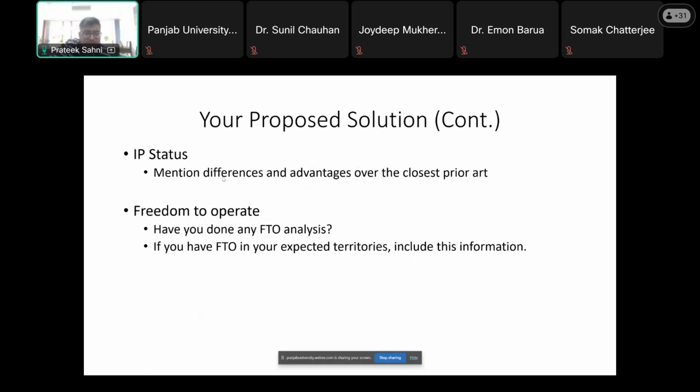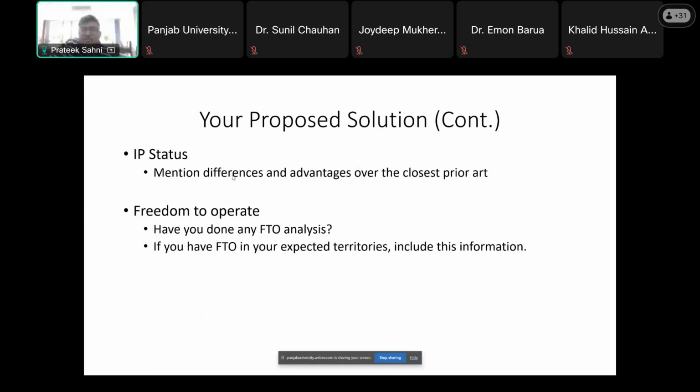Another thing to consider is freedom to operate. I hope most of you know what freedom to operate means when it comes to intellectual property. If not, then I'll give you a small primer. Freedom to operate deals with the idea that other patents stop you from bringing your technology to market.